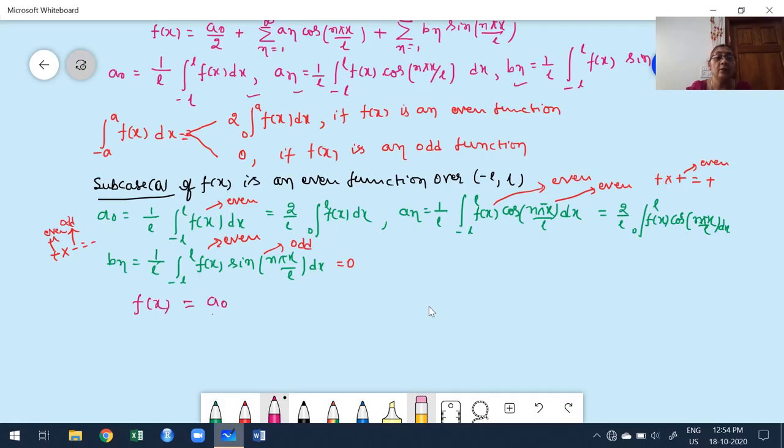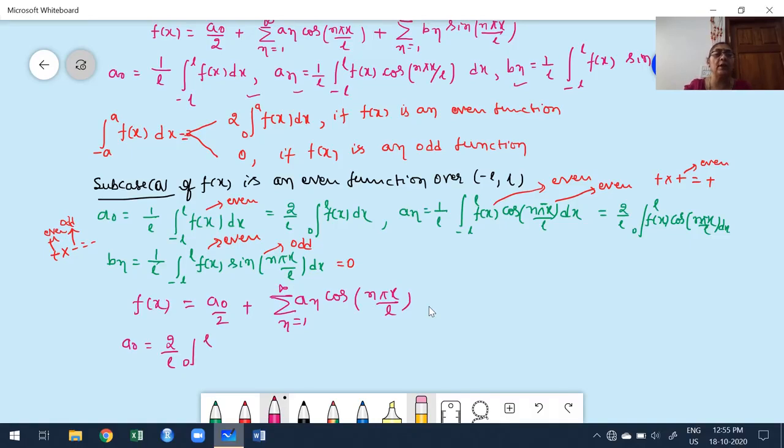A naught by 2 plus summation n ranging from 1 to infinity a n cos of n pi x by L, where what is a naught formula? 2 by L, only we consider half of the given interval.